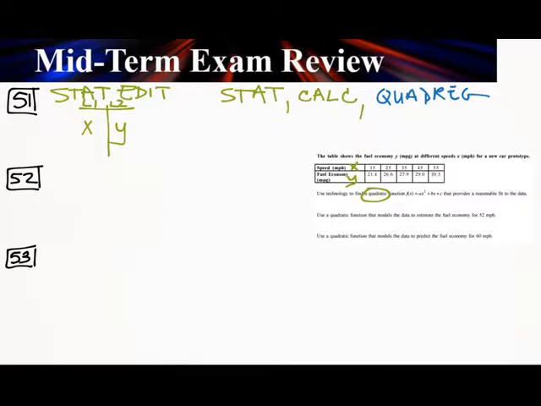So the formula they're going to give you is y equals ax squared plus bx plus c. When they do that, go ahead and take the numbers that they give you and let's write out what the equation is supposed to be, because that's the format it's supposed to be in. So the proper format is this.